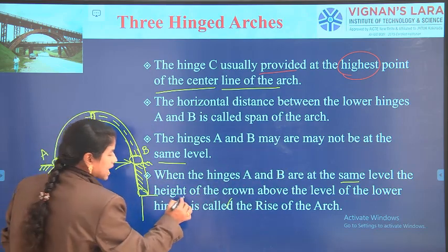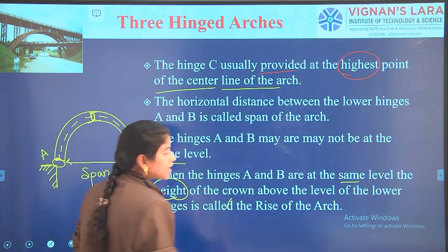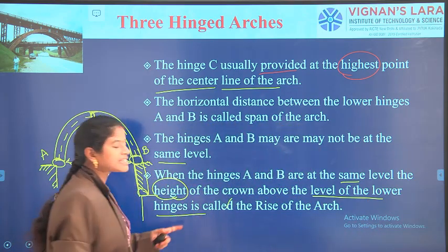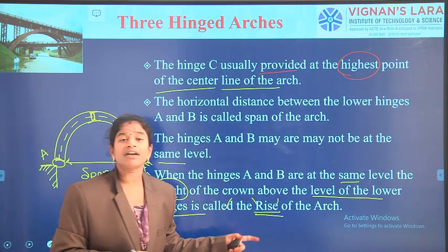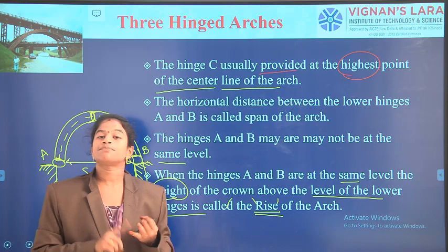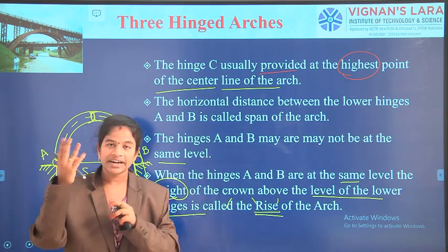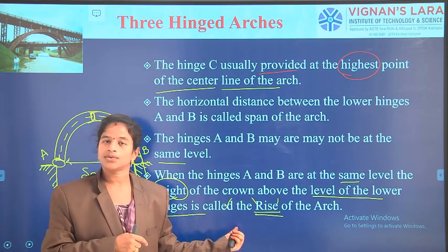Now, the height of the crown above the level of lower hinges is called, what is that? In the last class also we have discussed these definitions: span, rise, keystone. Please remember again and again. When we are listening online, please keep your mind in the class. Okay?